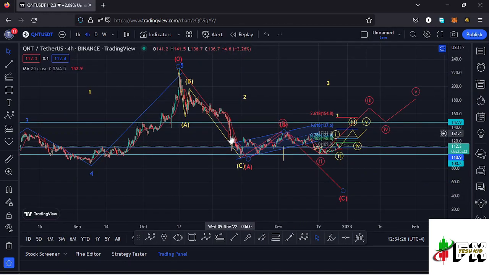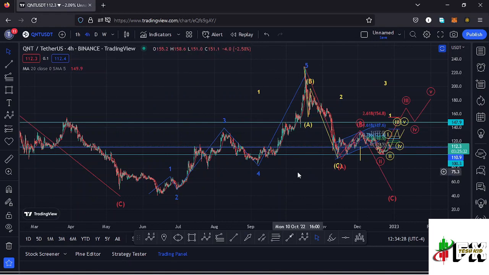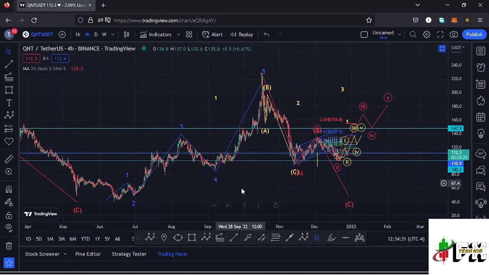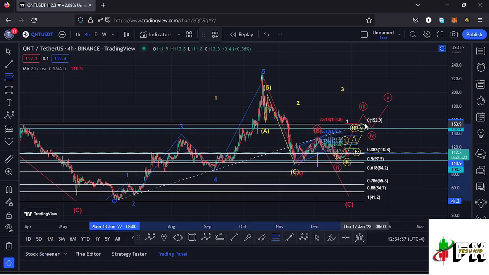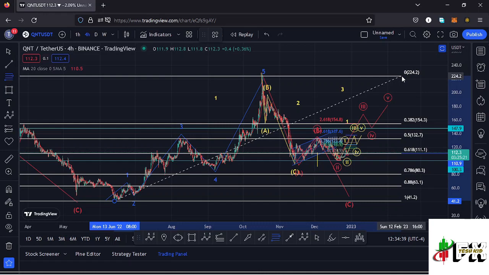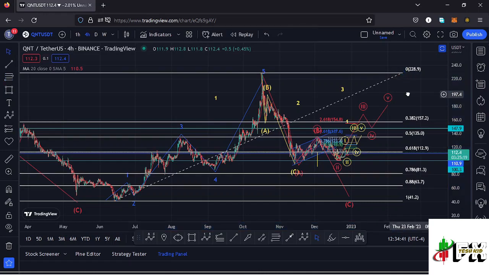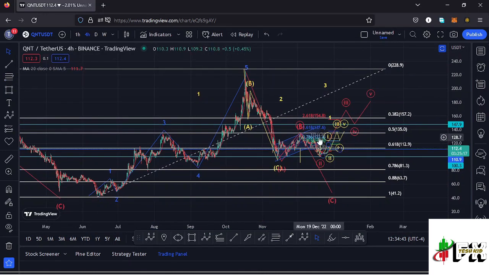In that movement to the lower side, in case that is the ABC corrective structure that will play out, using the Fibonacci's connecting them from the low of the first wave down there, that is the higher Elliott wave count 1 to the upper side, to the high of that higher Elliott wave count 1, we can get a minimum target area to the lower side between the fib level 0.5 and the fib level 0.618, which is a target area that you have fully maximized.